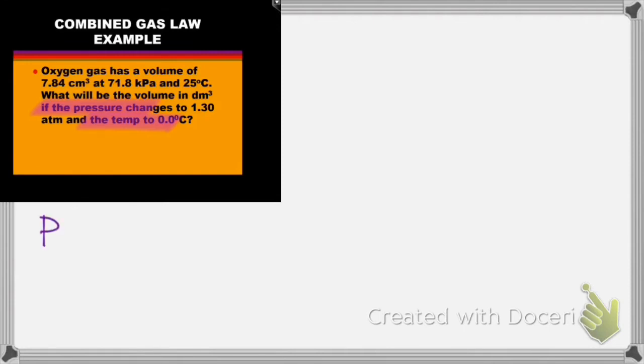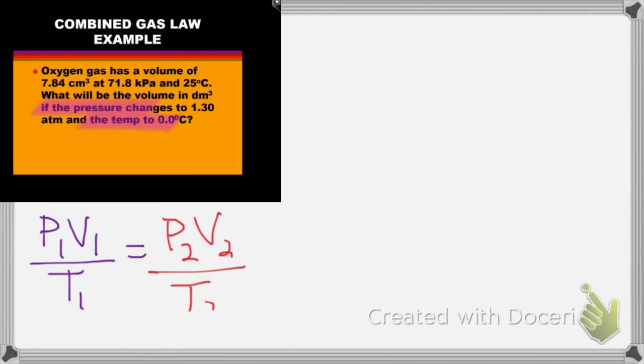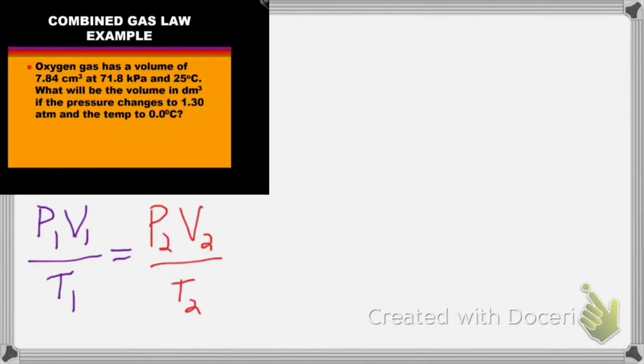So we know that P1V1 over T1 is going to equal P2V2 over T2. Remembering that we must put our temperature in Kelvin and make sure that our pressure units agree on both sides. It doesn't matter whether we keep them in kPa or atmospheres, so long as we keep them the same for both sides. So let's plug in our values for the first set of conditions.